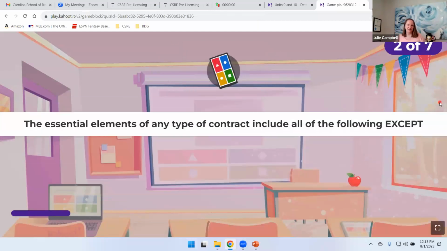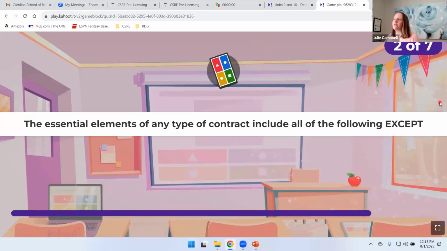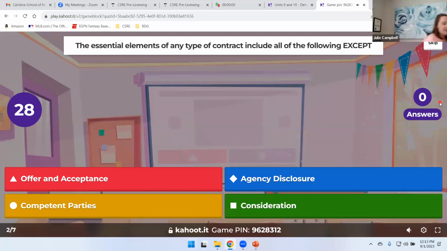Okay. Question number 2. The essential elements of any type of contract include all the following except... ten seconds.